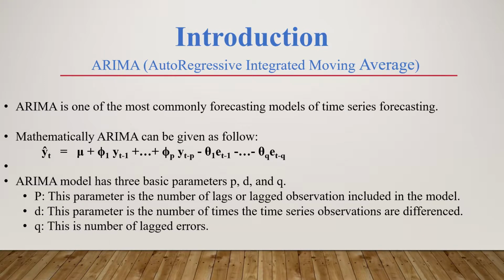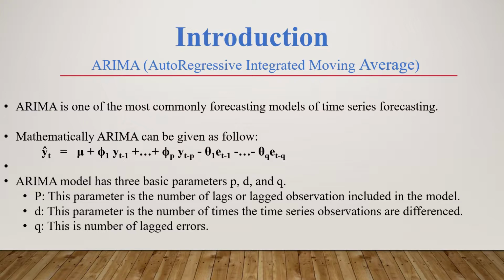Now let's move to the ARIMA. ARIMA is also called autoregressive integrated moving average. ARIMA is one of the most commonly used models of time series forecasting. Here in this project, we are using ARIMA for analyzing the trends of stocks.